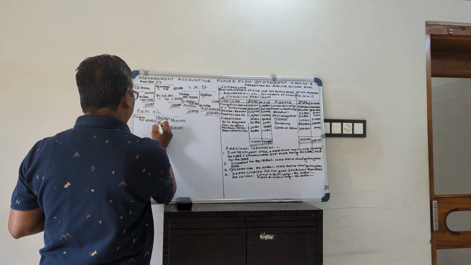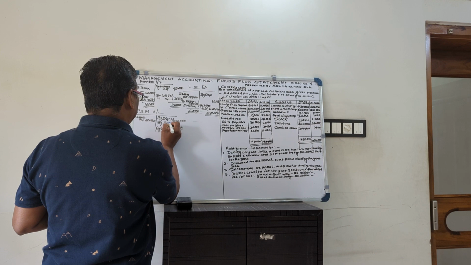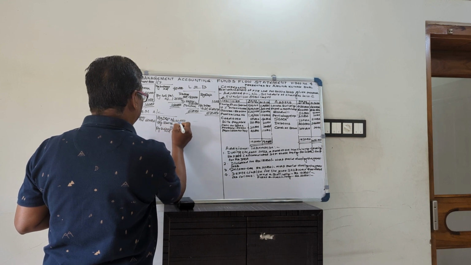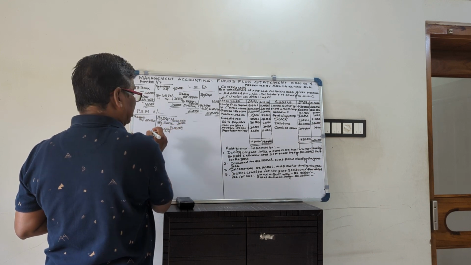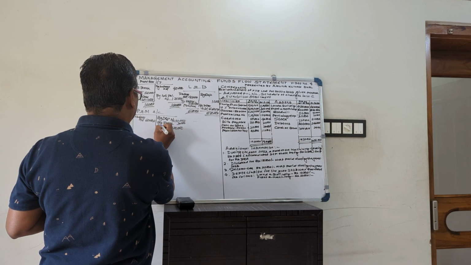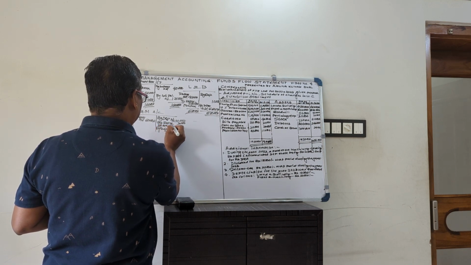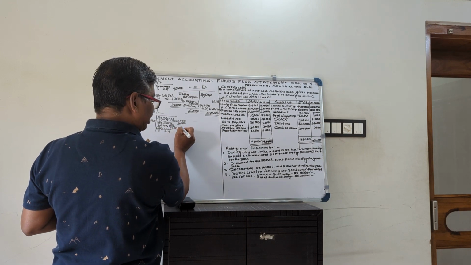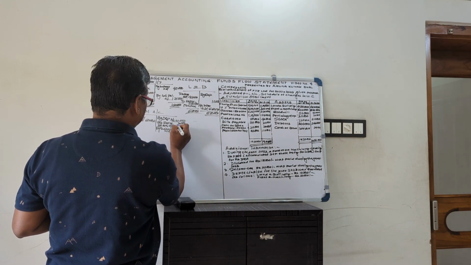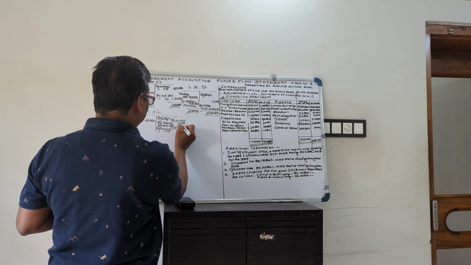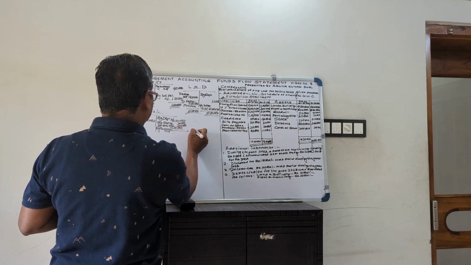So we will write by bank 3,000. That will be shown on the sources of funds. Then by adjusted profit and loss, that is loss on sale, that will be added to the net profit, or shown on the debit side of adjusted profit and loss account, 2,000.